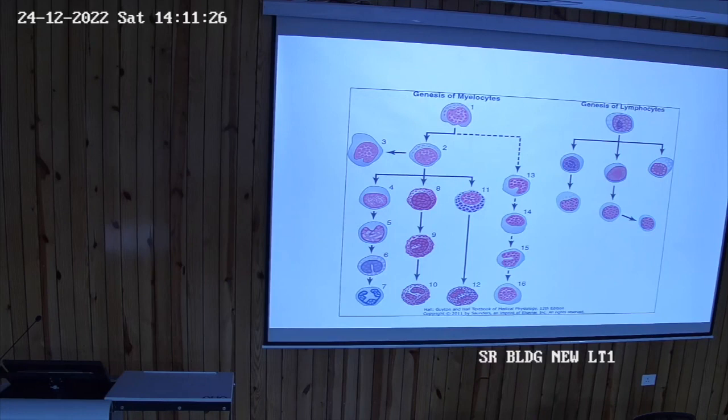That is the distinguishing feature of small lymphocyte. When we are talking of large lymphocyte, the nucleus will be round, placed centrally, and the cytoplasm forms a ring around the nucleus, only a ring. So if the ring is present and the nucleus is present centrally, that means it is a large lymphocyte.